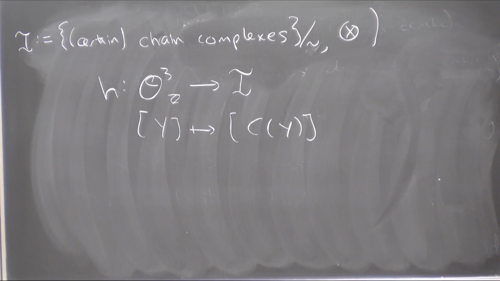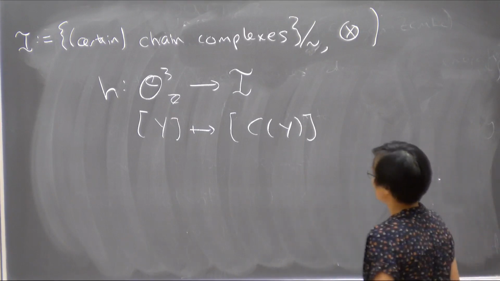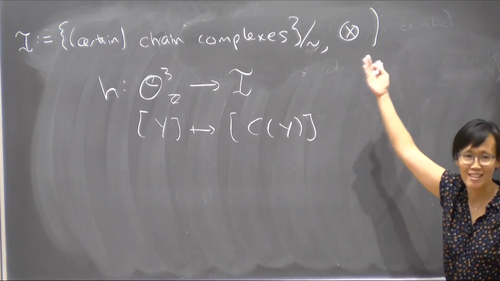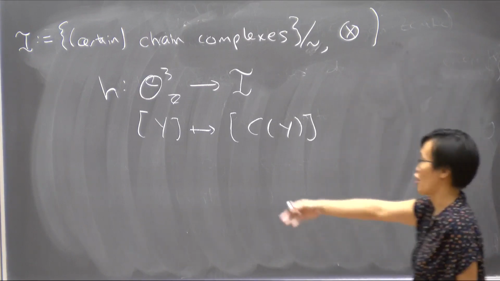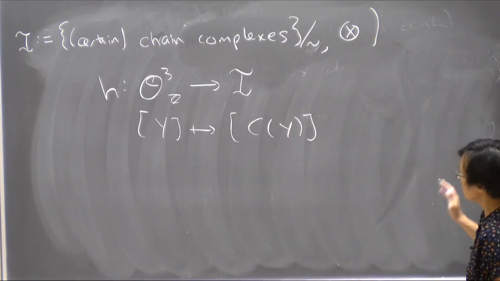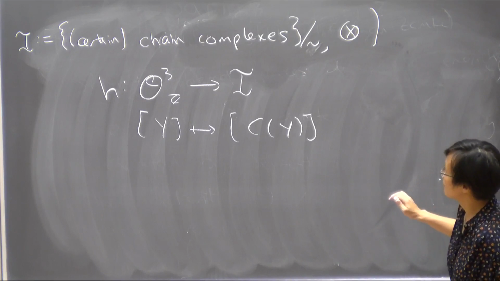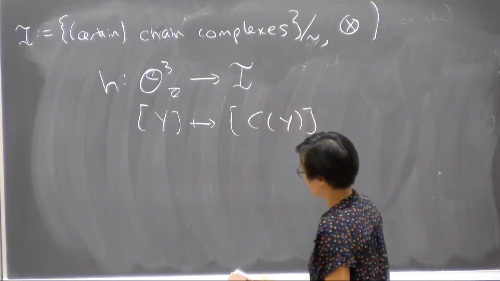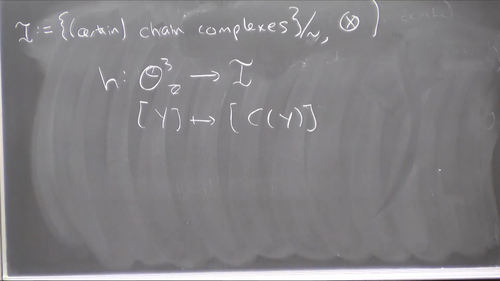So that sounds great. Maybe the bad news is that this group isn't actually that easy to understand. We just took one hard problem and made it into a different hard problem. But fortunately, there's a homomorphism from I to a group that we do understand better.